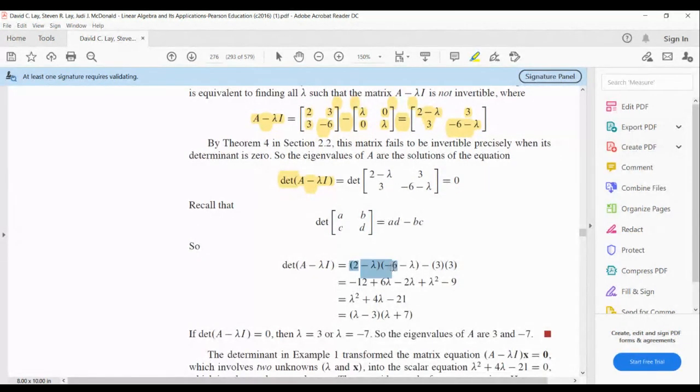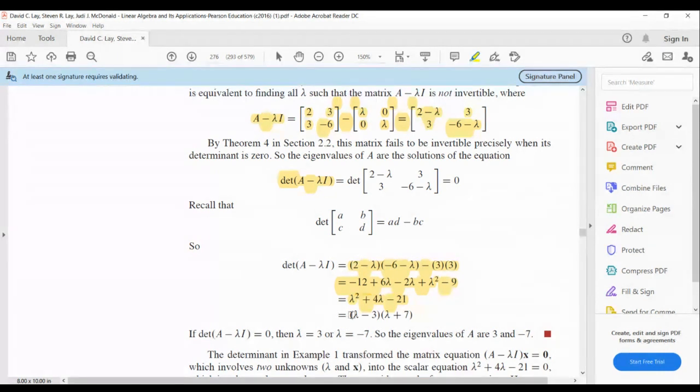Okay, so the determinant will become a polynomial in lambda. And again, you don't have to copy this. I'm giving you a little guided tour of the few examples in section 5.2. You can factor that, and so the determinant of A minus lambda I becomes what we call the characteristic polynomial.